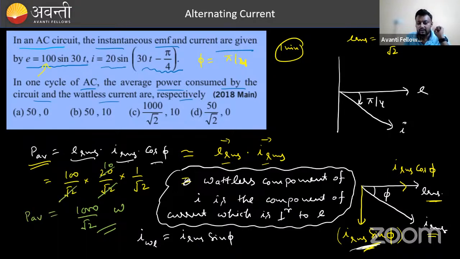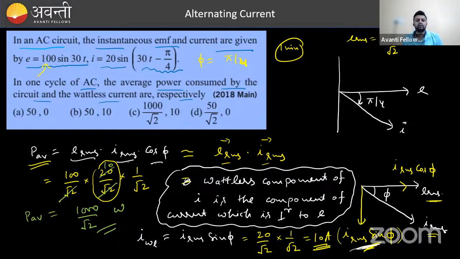IRMS is what? I naught by root 2. That is 20 by root 2. You know that IRMS is 20 by root 2, into sin phi is 1 by root 2. This root 2 will cancel root 2, that is 10 ampere. I hope this question is also clear to everyone.